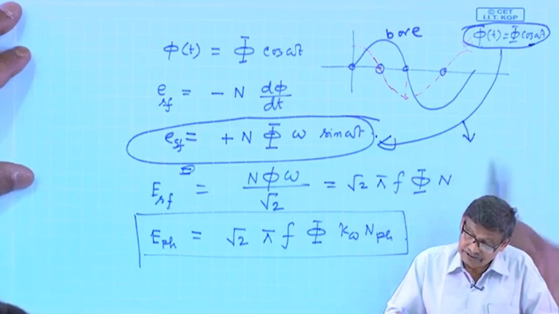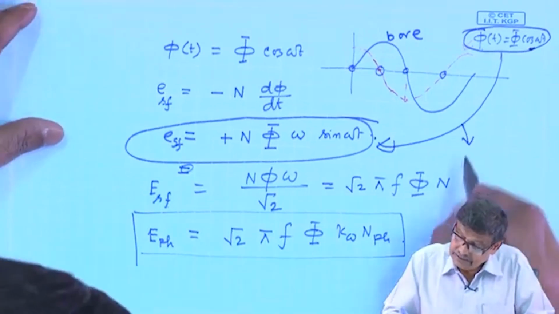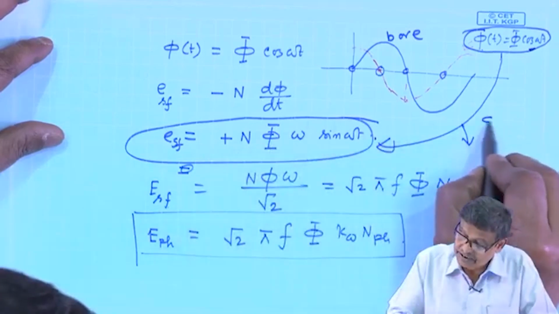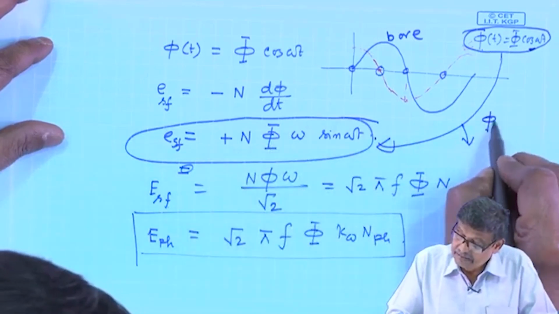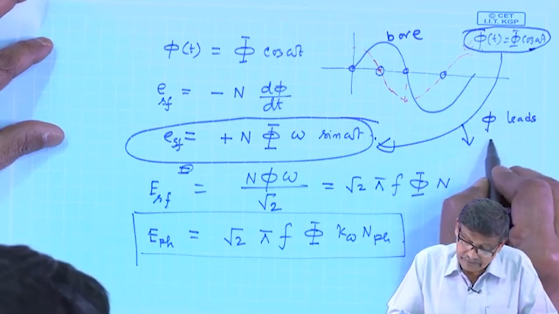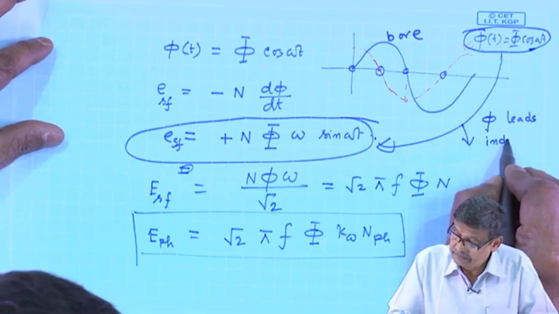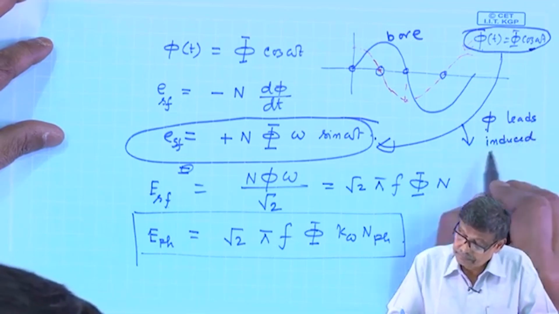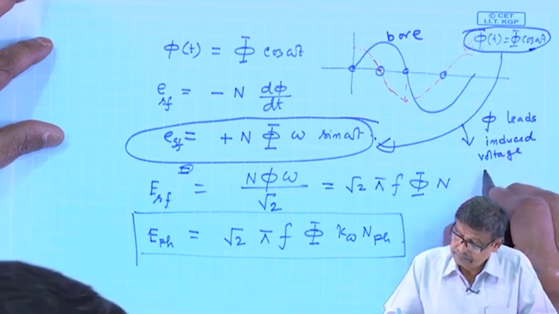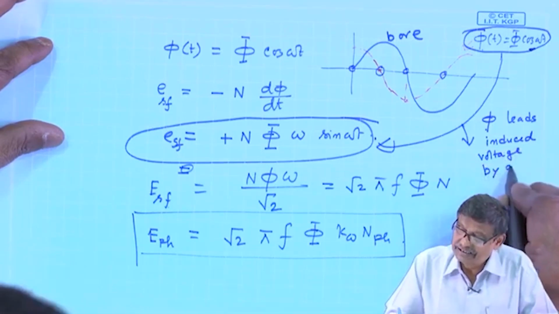What is the conclusion? Conclusion is this: phi t is leading induced voltage. This phasor phi leads induced voltage by 90 degree.